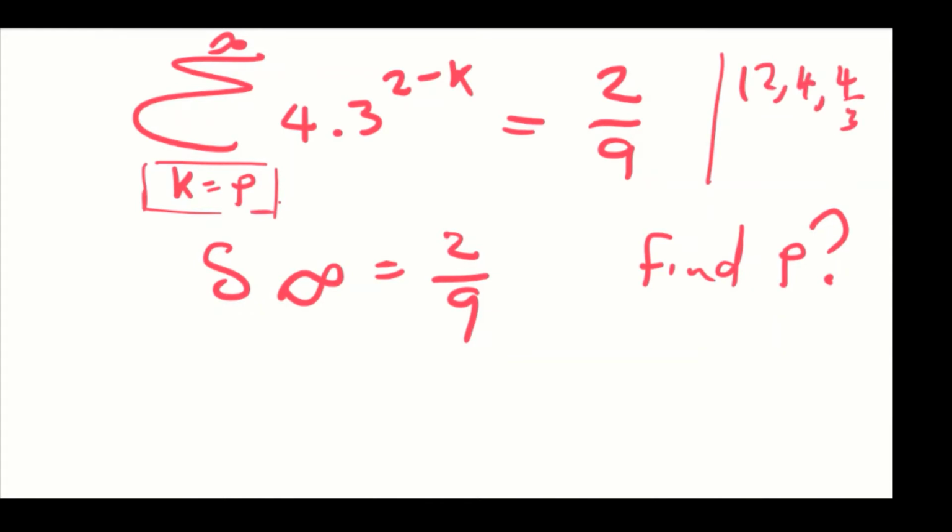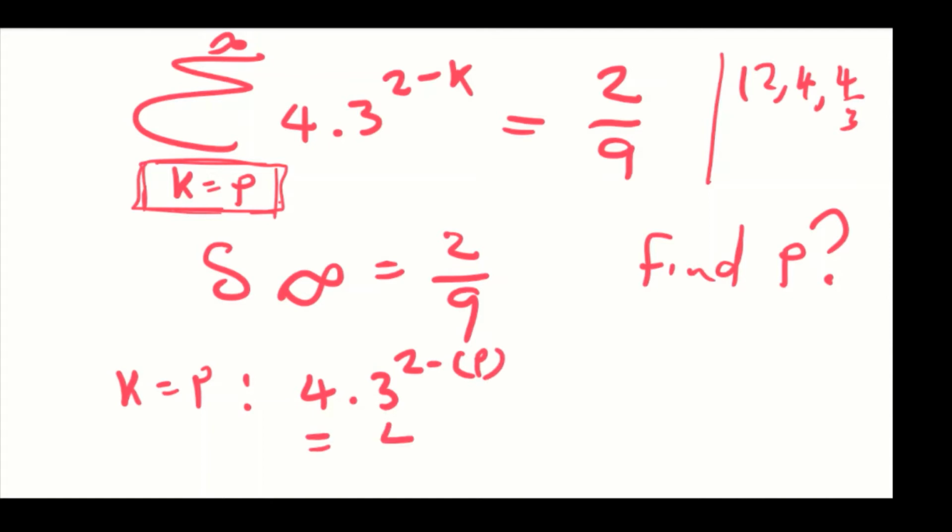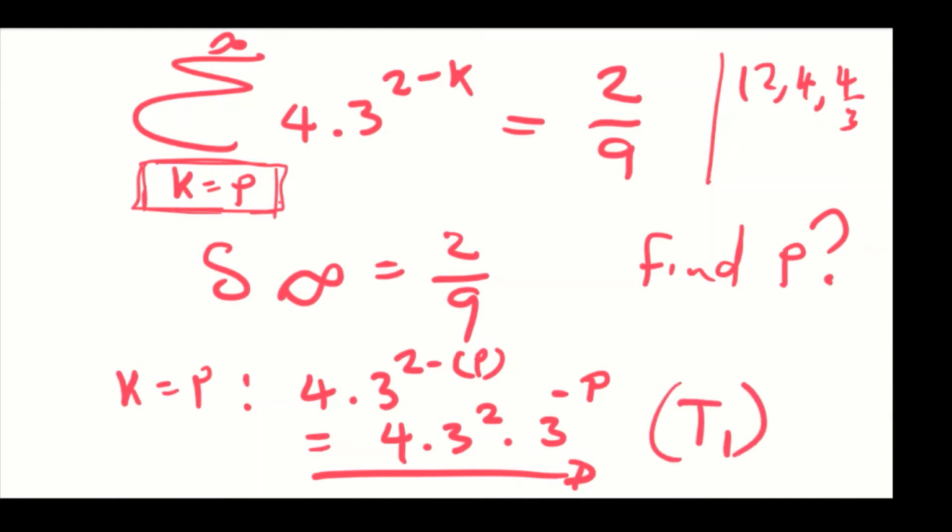But because here it says k is equal to p, we substitute p where there's k: 4 multiplied by 3 to the power of 2 minus p. So this is going to be our first term. So it's going to be 4 multiplied by 3 to the power of 2 multiplied by 3 to the power of minus p, right? So this is going to be t1, our first term, our value of a, right? T1 is the same as a, right?